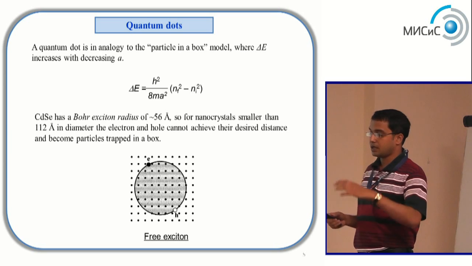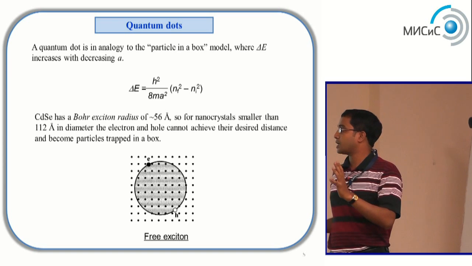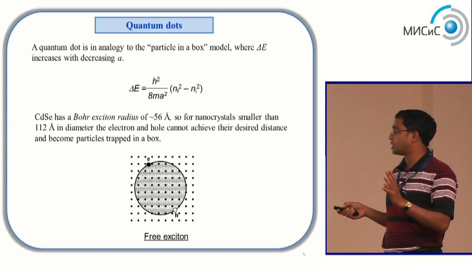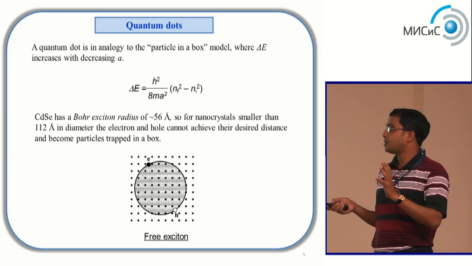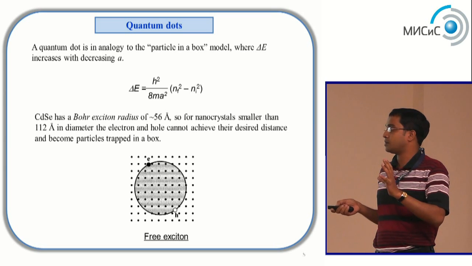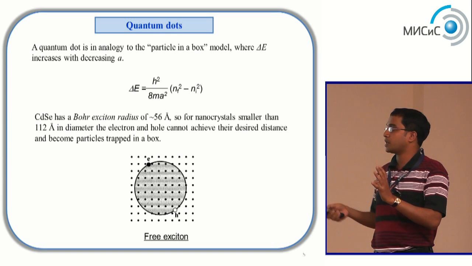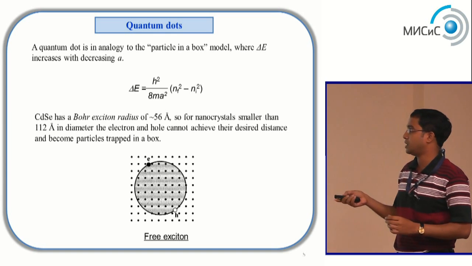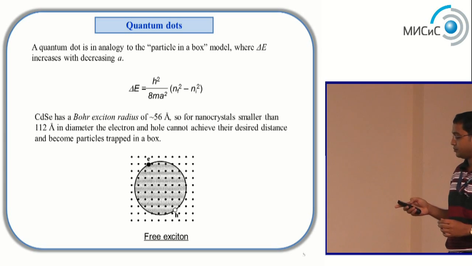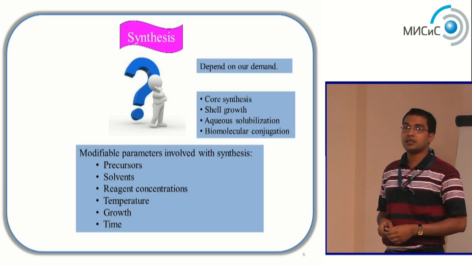The meaning of this is quantum dots with a small size, lower than the Bohr exciton radius, like lower than 5.6 nanometers. This gives a new facility for getting optical properties, because the particles are within a dimension lower than the Bohr exciton radius. The main difficulty is the synthesis.